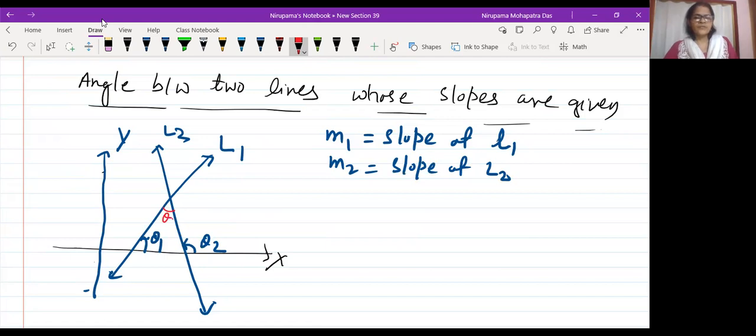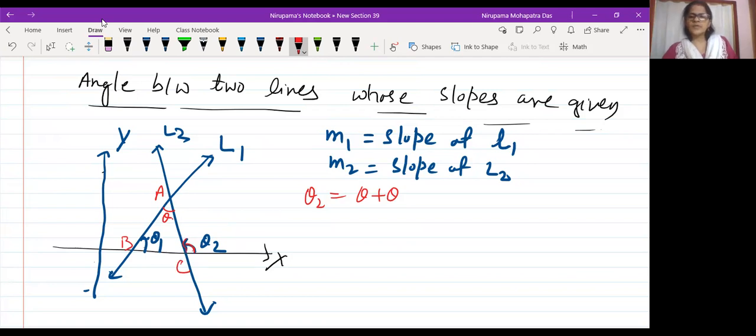So as you know, theta 2 is equal to theta plus theta 1, the exterior angle. If you take this triangle, let me take the point of intersection as A, this as B, and this as C. So in triangle ABC, theta 2 is the exterior angle, which is equal to the sum of the two interior opposite angles.